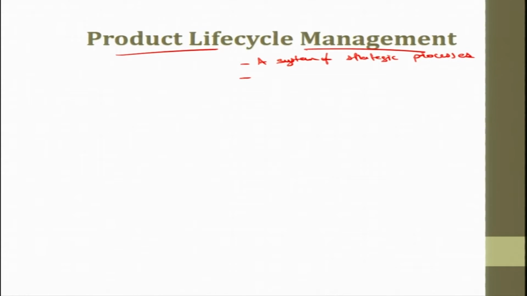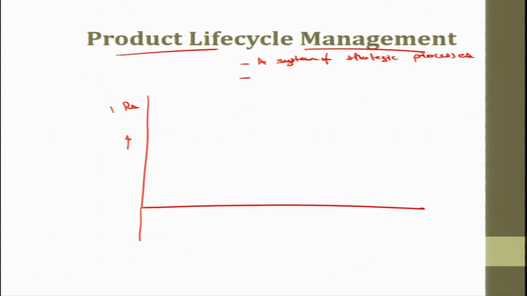These days we need to extend the duration of the profitable years of the product. If we talk about the product life cycle, it is something like this. Not from the marketing perspective, I will talk from the development perspective. Say this is my profit, this is rupees, this is plus rupees and this is minus rupees.